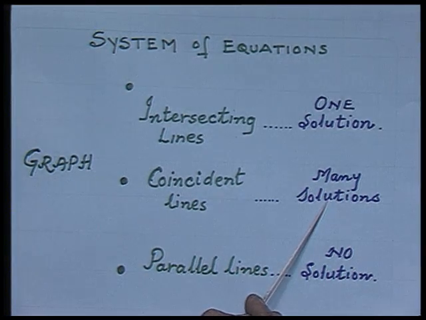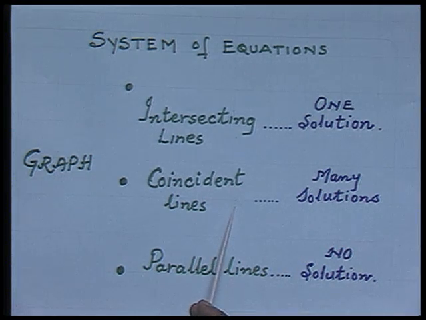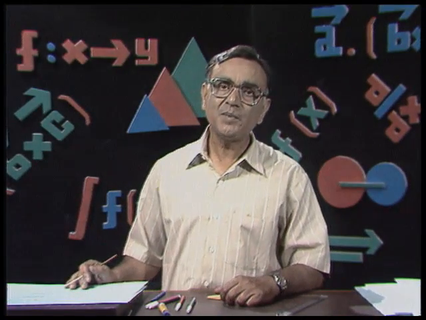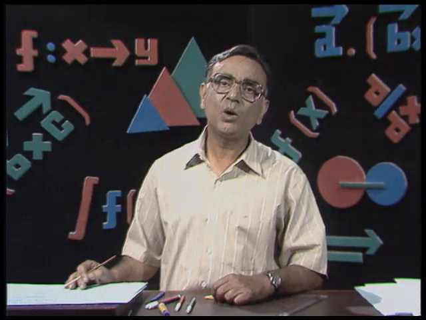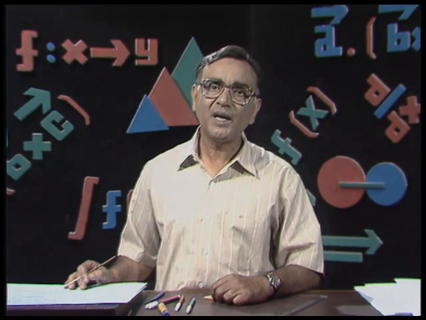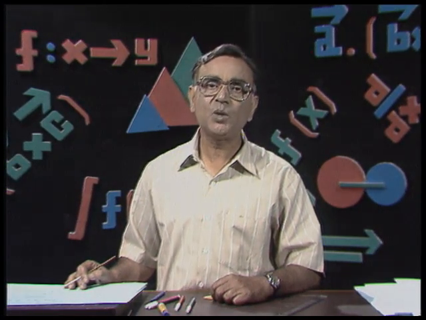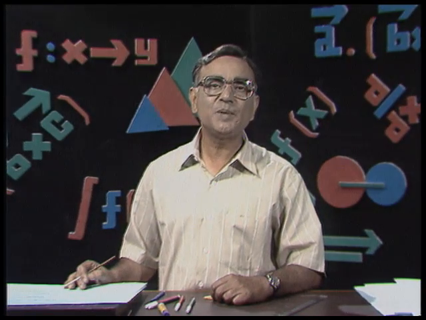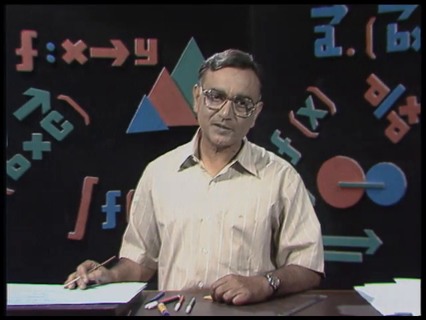The coincident lines mean all the points on the line will be satisfying both the equations, and when we get the parallel lines, the system is considered as inconsistent, because it has no solution. So, the system having no solution is called an inconsistent system, and when we plot such a system onto the graph paper, it is represented by two parallel lines.